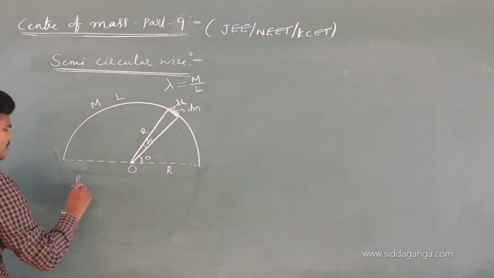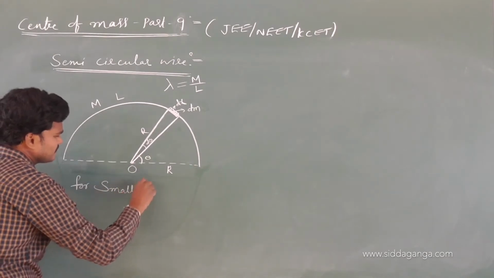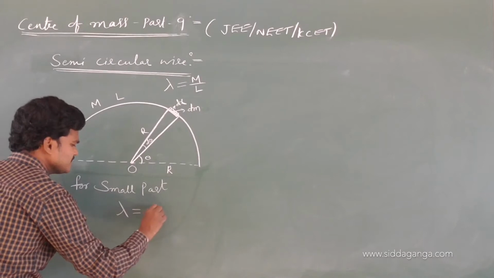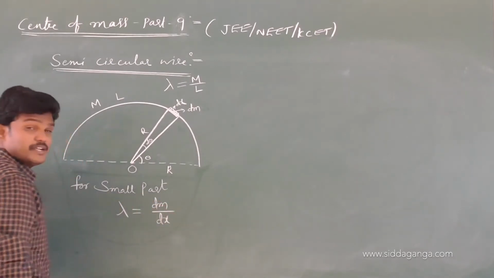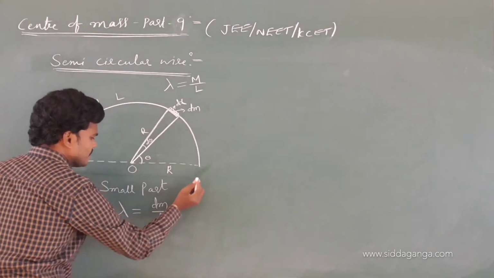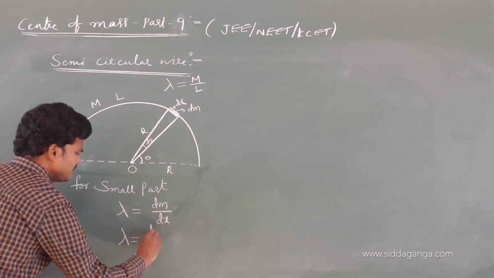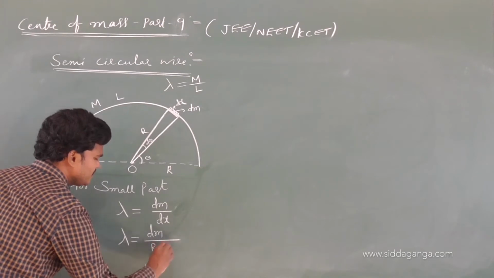For the small part, lambda we can write as dm by the small length dx, that is dm by dx. What is dx? It is r d theta.